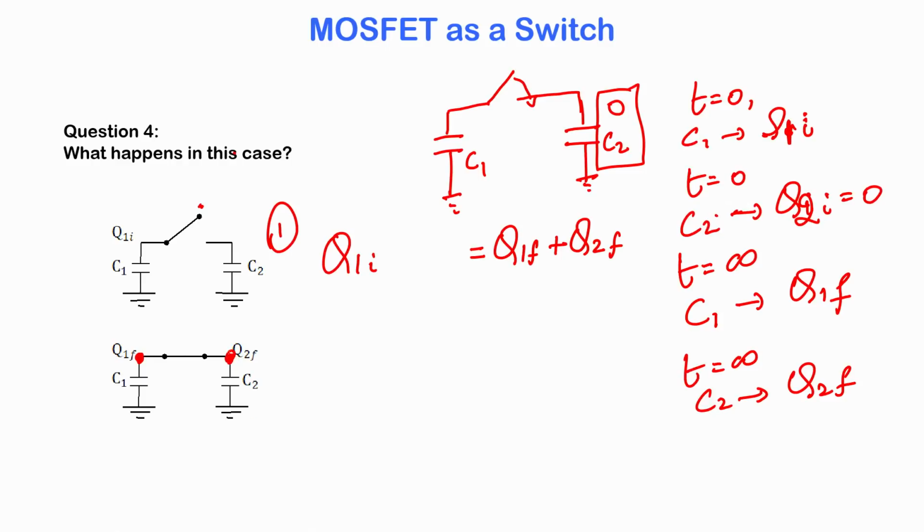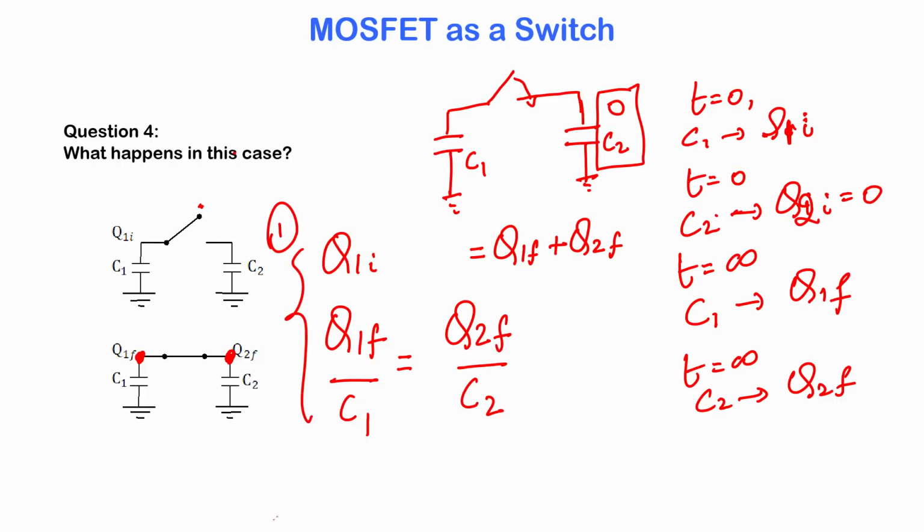Therefore, the voltage on C1 at t equal to infinite, Q1 final by C1, must equal the voltage on C2 at t equal to infinite, which is Q2 final by C2. Using these 2 relations, we can identify what Q1 final and Q2 final are. We will leave that to you as an exercise.